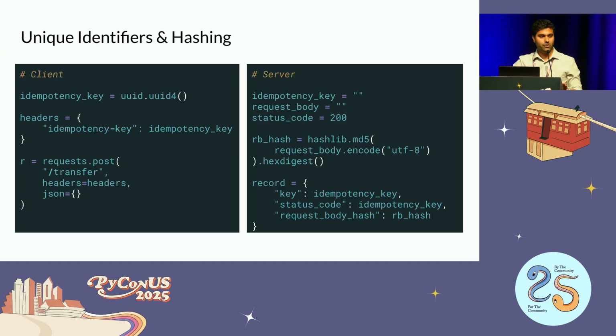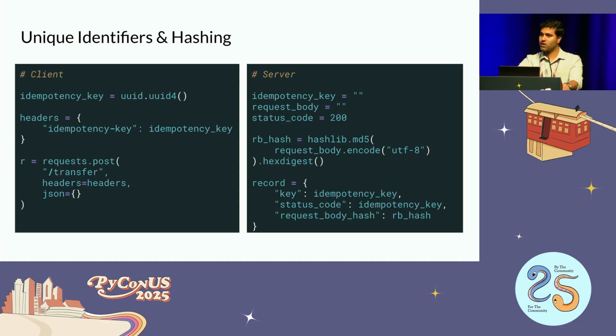It is the responsibility of the client to attach an idempotent key and push it to the server. And the responsibility of the server is to take that idempotent key and store it, recording the status code and request body. What you do next time on the server depends on your business use case.